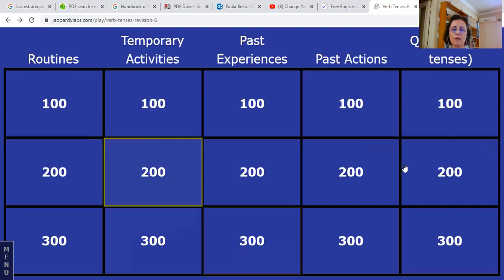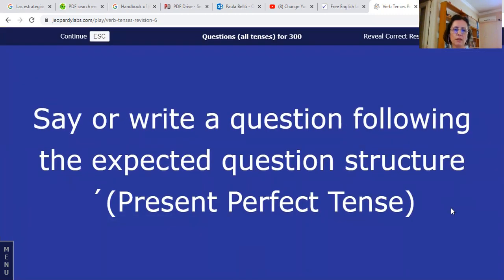So now let me give you an example of questions. My example with questions would be this one. Say or write a question following the expected question structure for the present perfect. So remember that the present perfect has one of the forms of the verb have. So for example, have you ever eaten octopus?